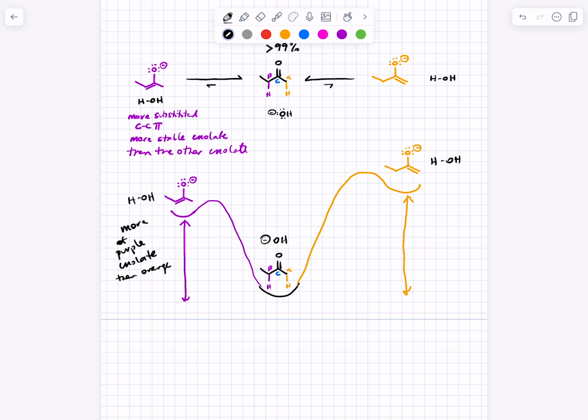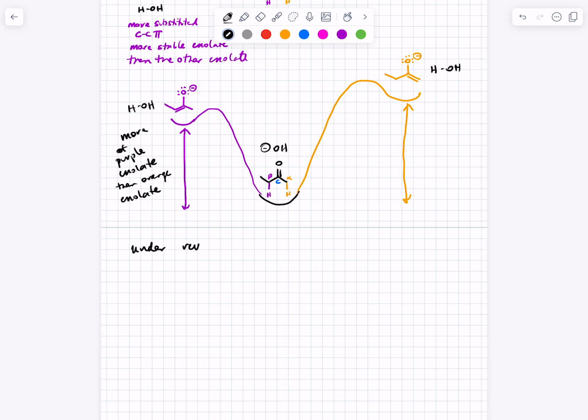The general principle is that when you're under reversible conditions, you're going to form more of the more stable thing. So under reversible conditions, we get more of the more stable enolate.